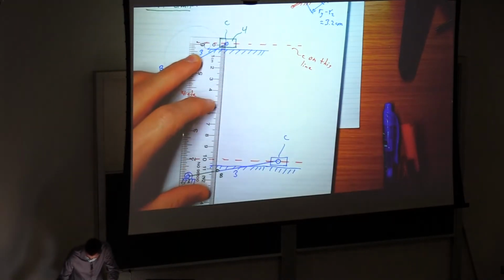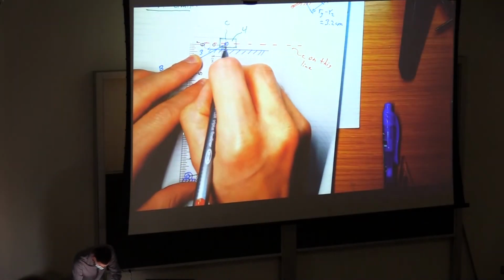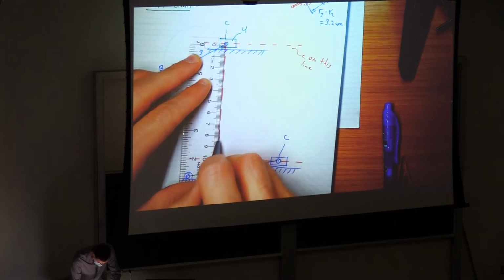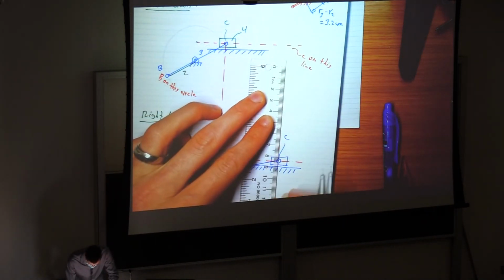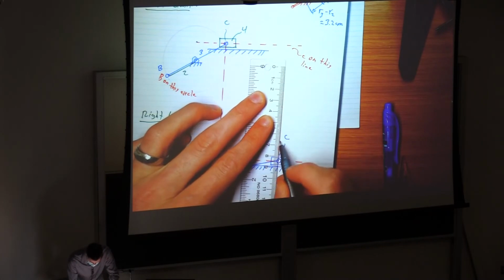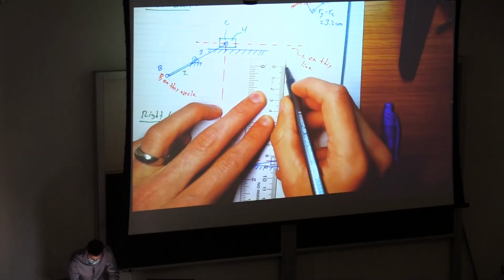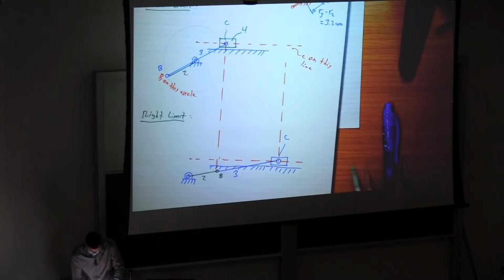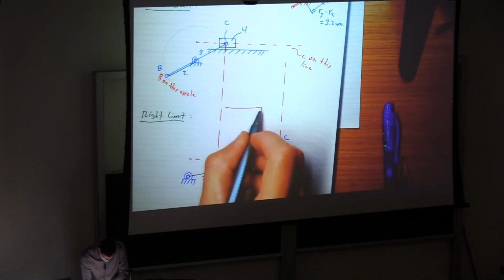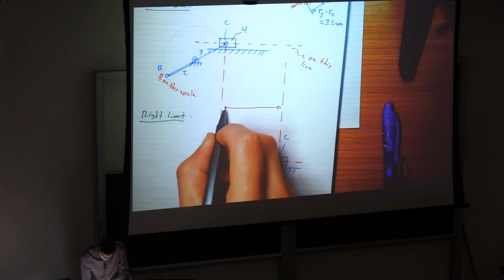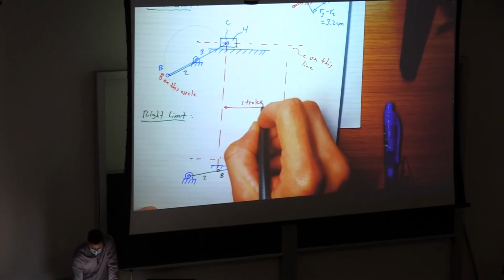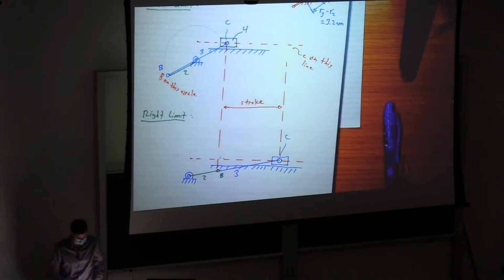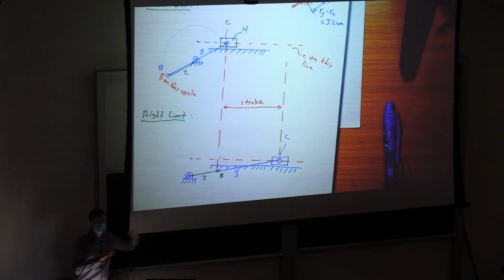I'm going to just draw some guidelines here to compare our left and right limit positions. And we're going to find out how far this mechanism moves. Point C is our output. It moves between these two positions. And this has a special name, which is called the stroke length of a mechanism, the motion extent left to right. And we can just measure it.